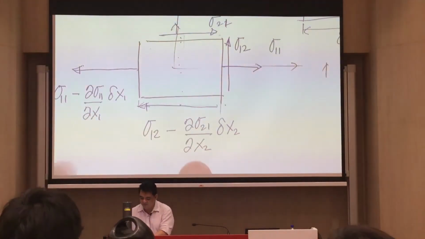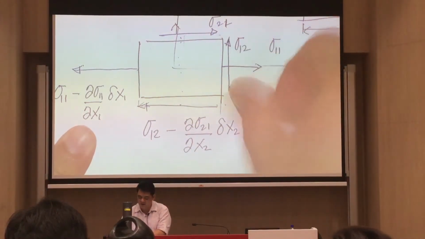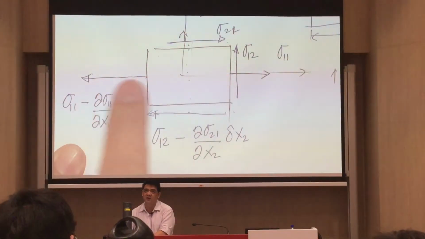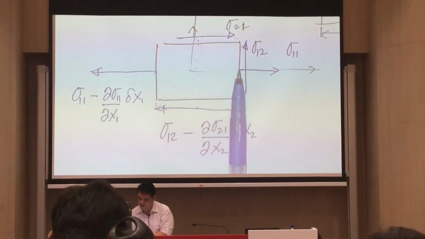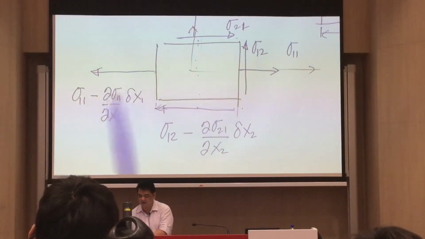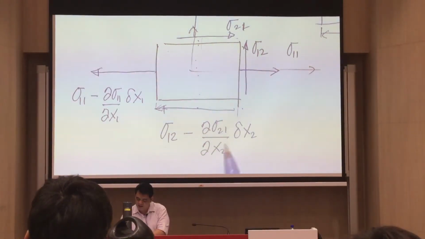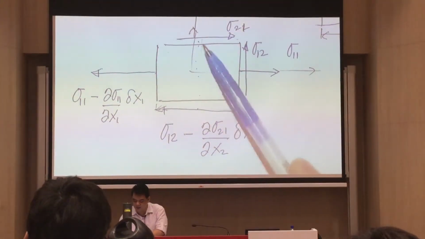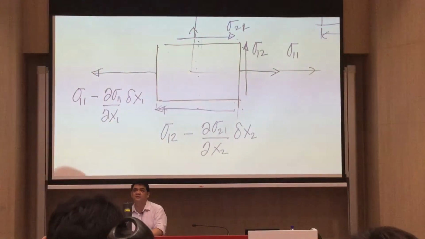So think of this one as the gradient change, or the change in stress as you move down. You have to multiply it by this distance to be able to have a stress value. You multiply that by delta x2.